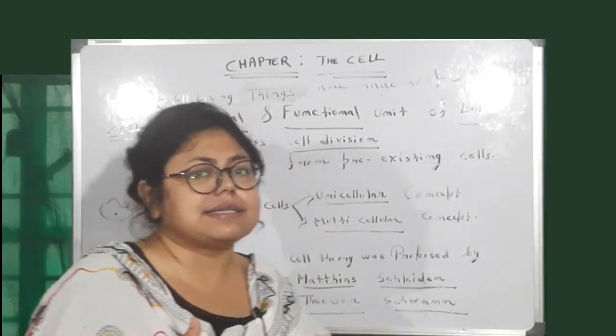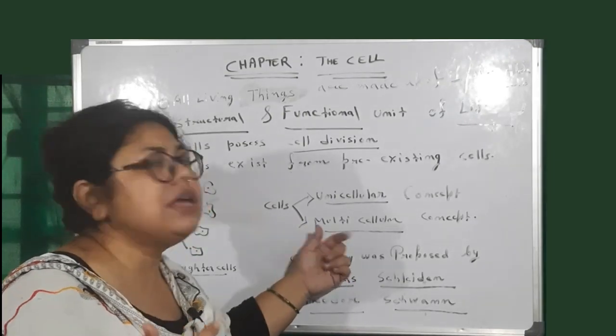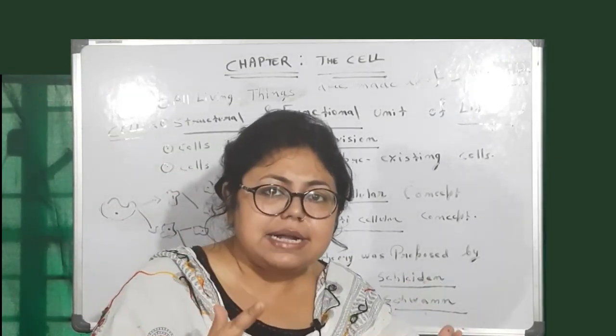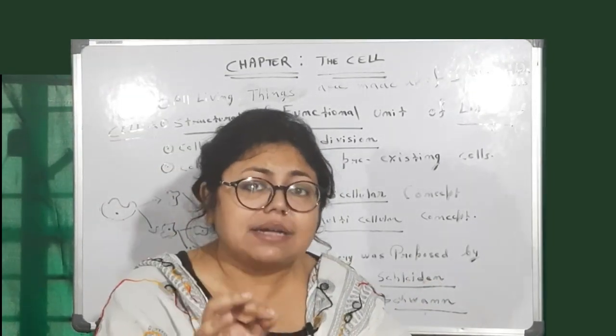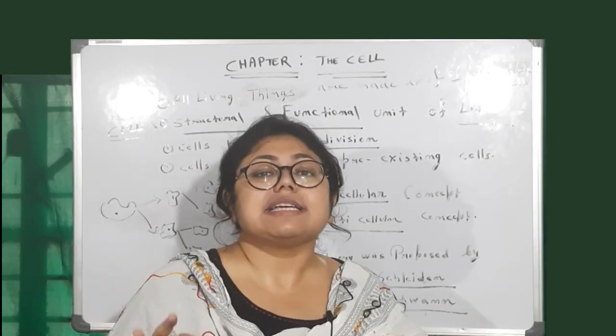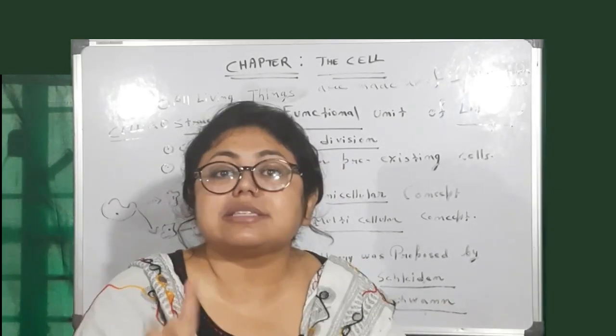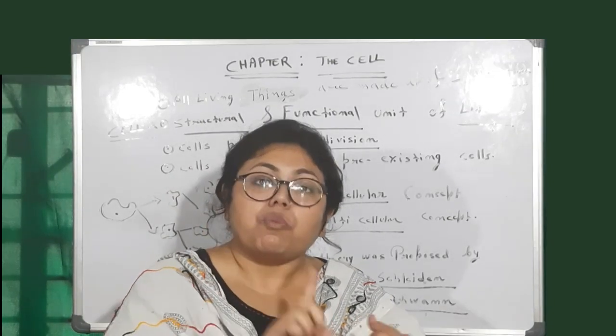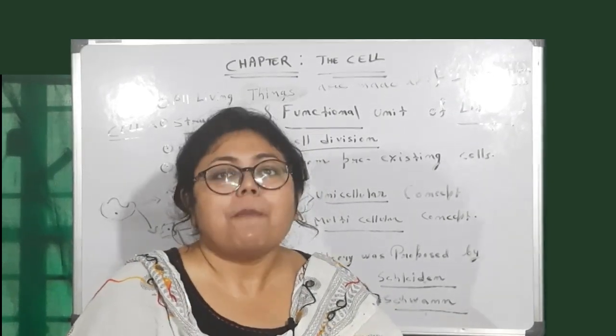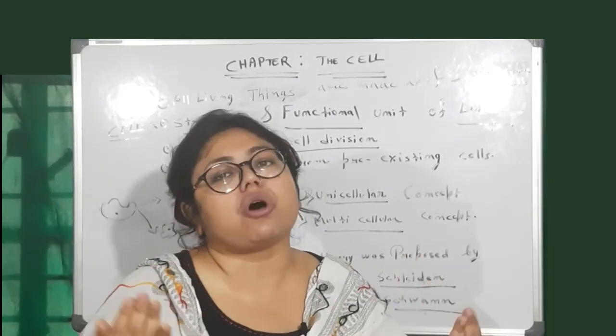Simultaneously, let us come to the multicellular concept. What is multicellular? The word itself signifies that it's not unit, it's multi. That means more than one cell performing the different functions of life.